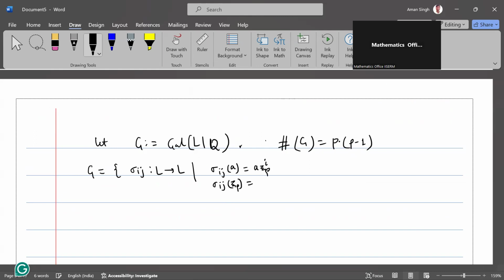I'm just describing where the generators of L are going, where i is equal to 0 to p minus 1, and j is equal to 1 to p minus 1.